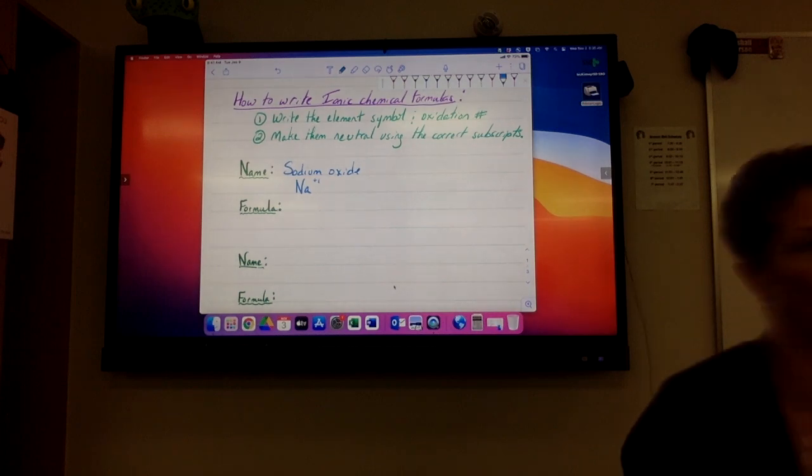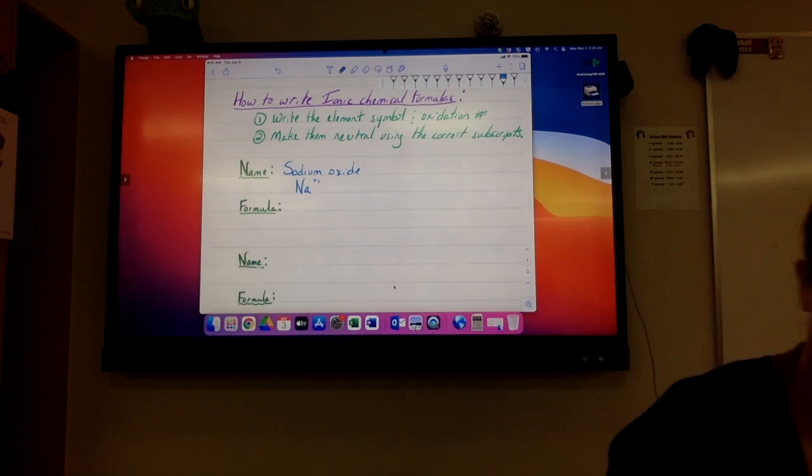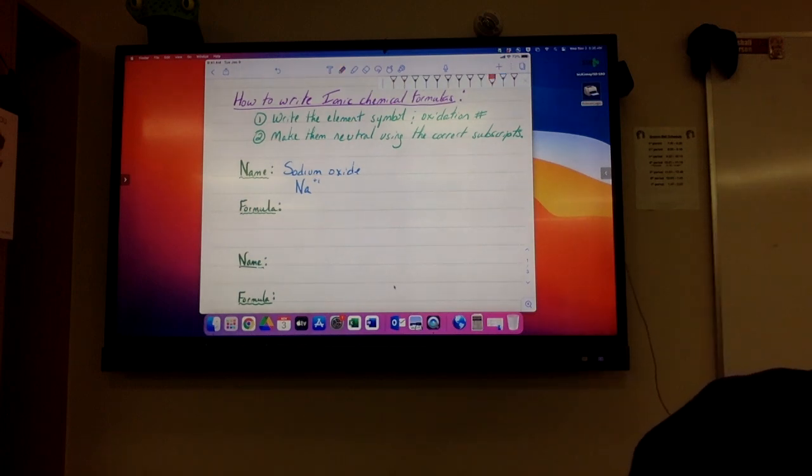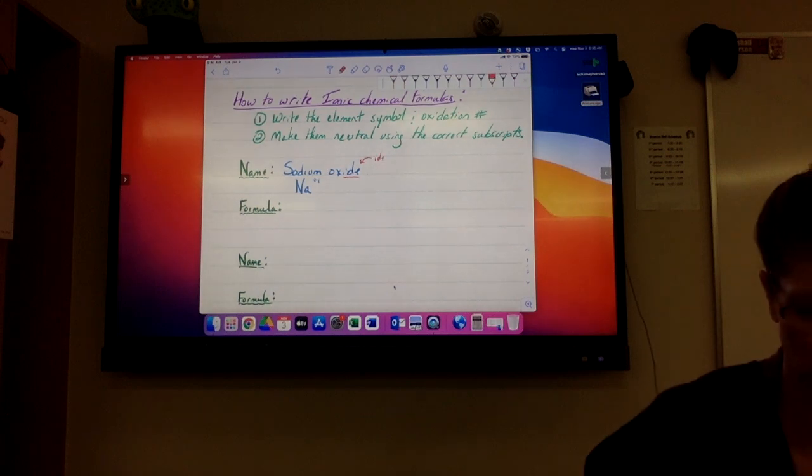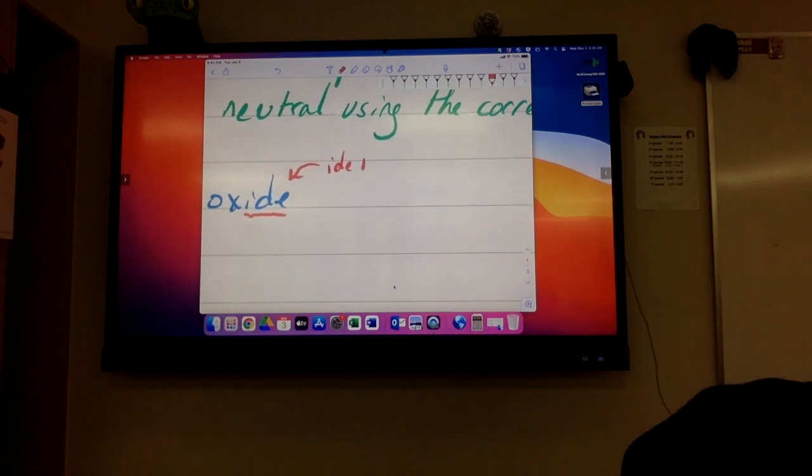Good, oxygen. But why do they change the ending? Well, they changed the ending of oxygen to oxide. Ide tells you it's a compound.